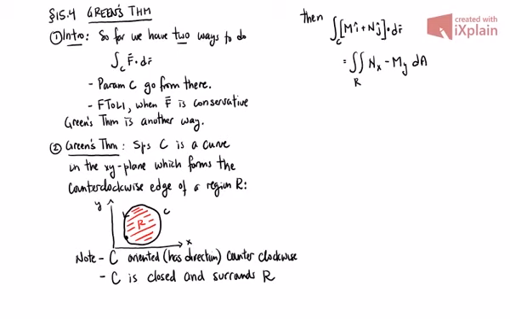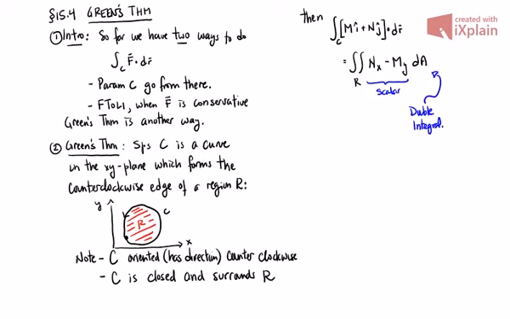Now notice the thing that's inside here is a scalar. Let me make a note of that in a different color. So this is like a normal standard double integral. So this guy is a regular double integral.